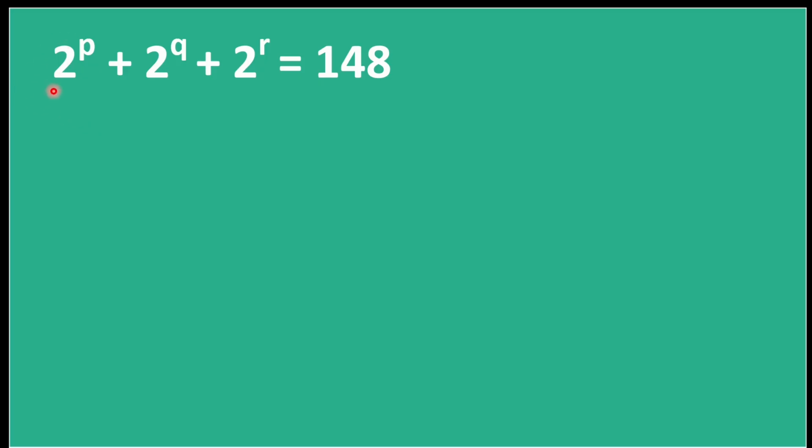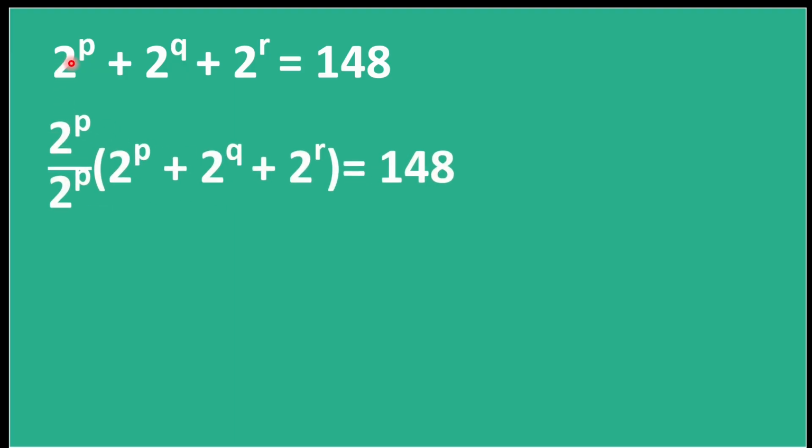In the solution of this question, first we will divide and multiply the left side of the equation by 2^p. So we have multiplied and divided by 2^p. Then we will write this 2^p beneath each of these terms.